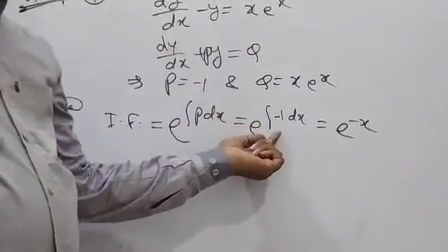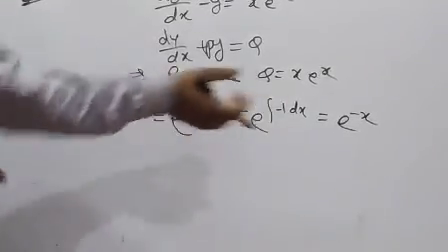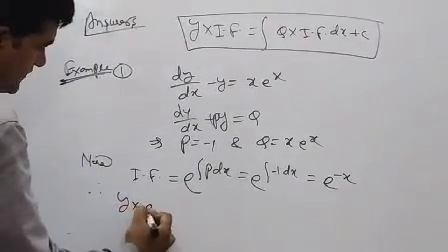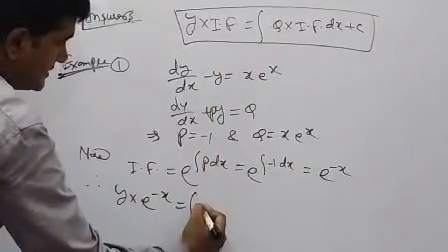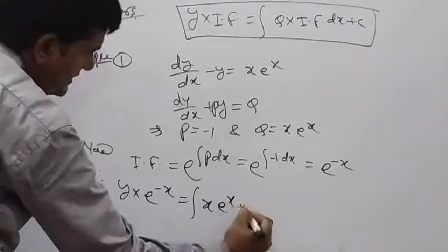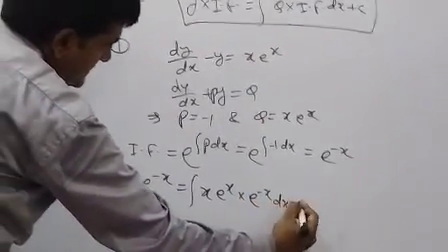Integration of 1 is x, so e power minus x. Clear? Now this value we have to put in this formula. Therefore, y into e power minus x is equal to integration of q, means x into e power x, into IF, means e power minus x, dx plus c.